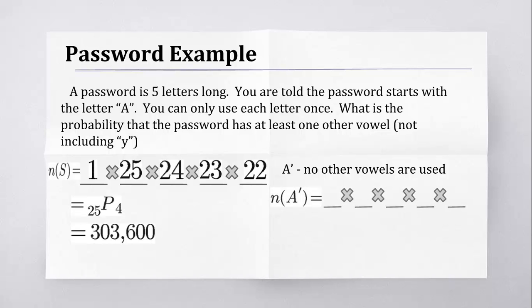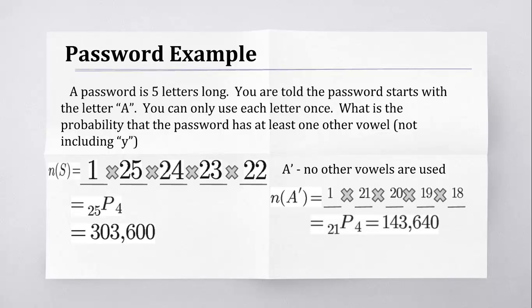N of A prime, again, we have 5 slots. The first one has to be A, so there's only one way to do the first one. For the second one, we take out the vowels. If we remove all 5 vowels from the 26 letters, we only have 21 letters left. There are 21 ways to do the second, 20, 19, and 18.